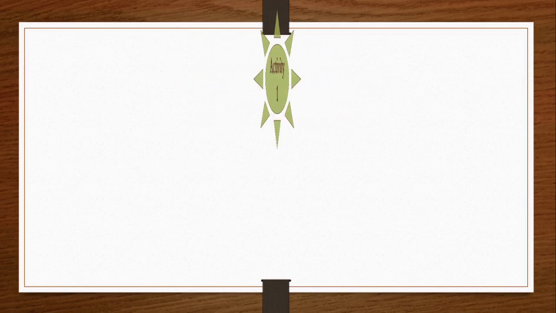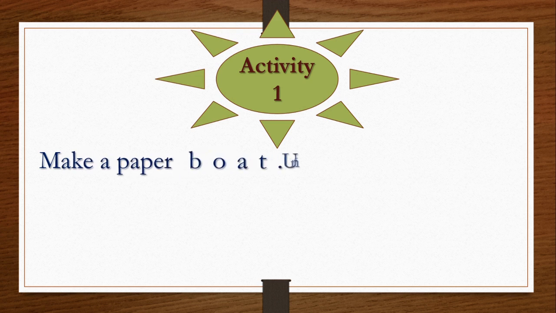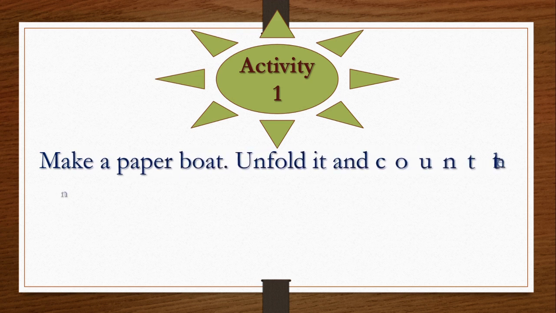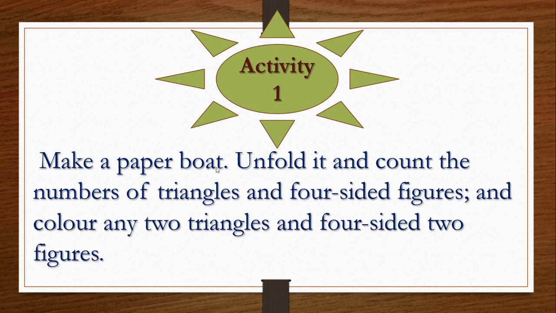Here, some activity we are going to do now. Activity number 1. See here what to do. Make a paper boat. You know how to make the paper boat, right? By using paper, we make a boat.